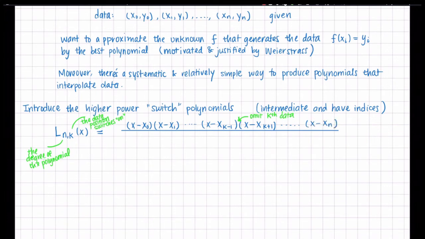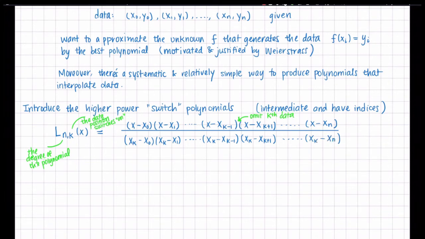And in the denominator, I'm going to have x sub k minus x naught times x sub k minus x1, and I'm going to continue that product: xk minus x sub k minus 1, xk minus x sub k plus 1, up to xk minus xn.